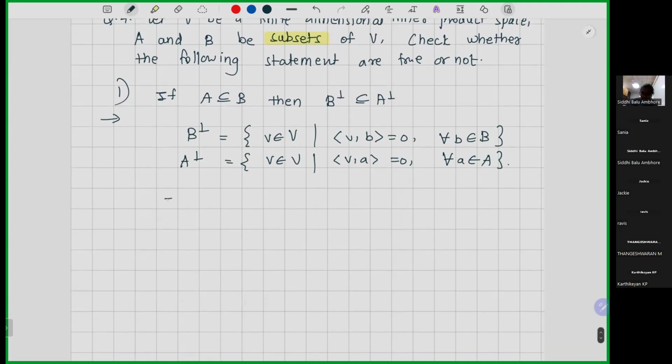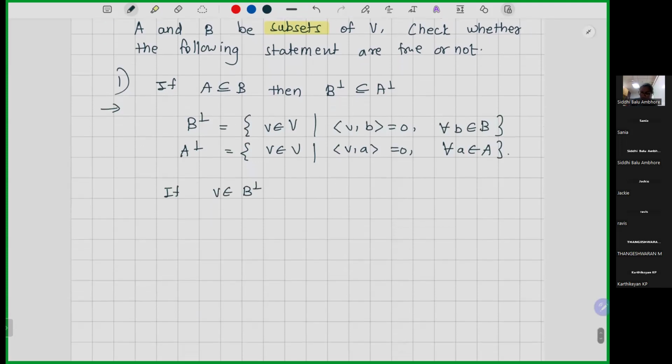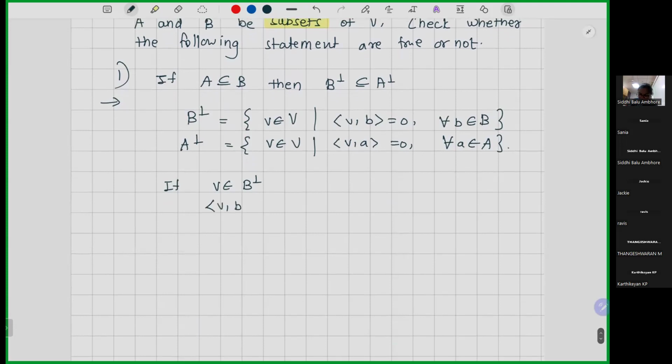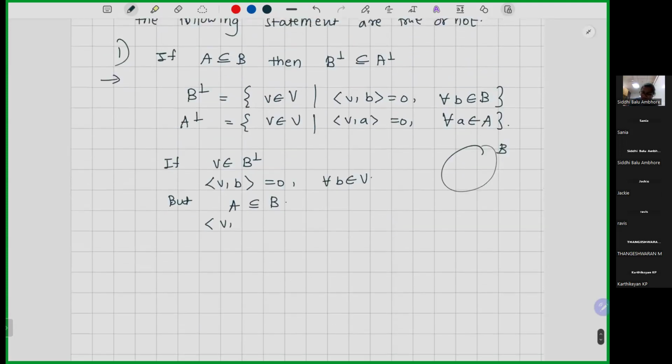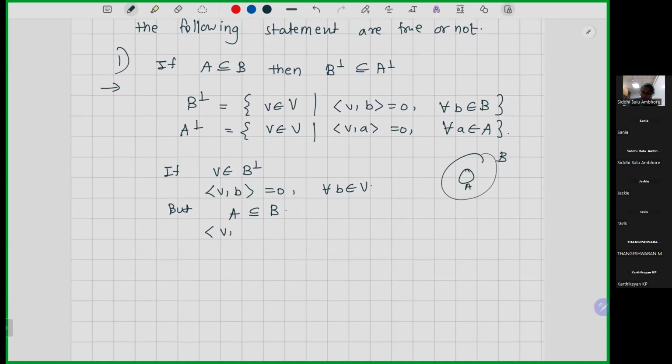So if, for example, v is in orthogonal complement of B, then <v, b> is 0 for all b in B. But A is contained in B. So if this is B and this is A, this v here is satisfying something for the bigger set, and now we are talking about something in the smaller set.